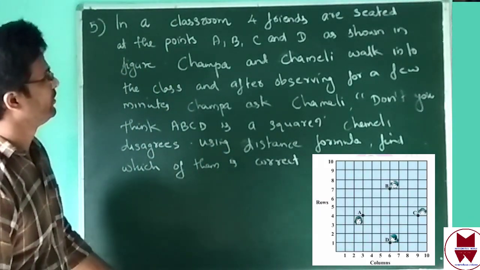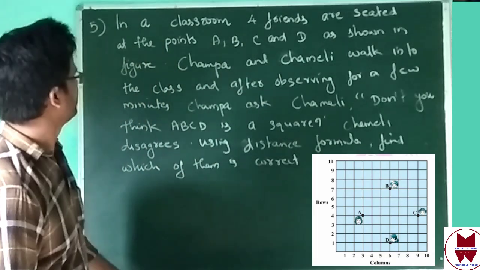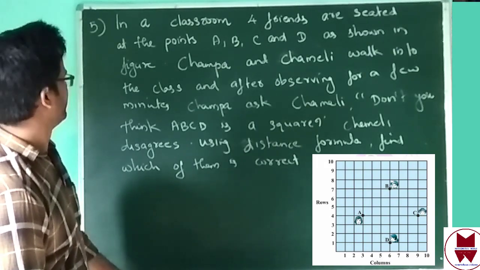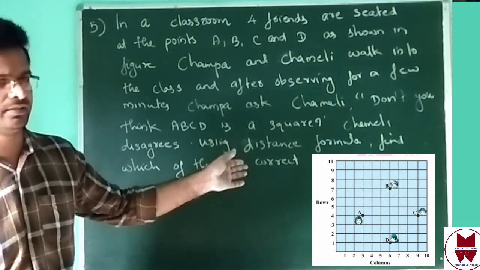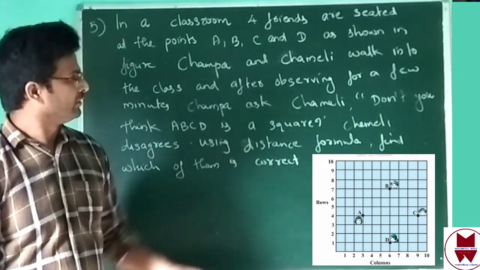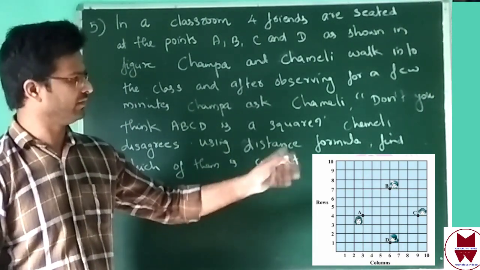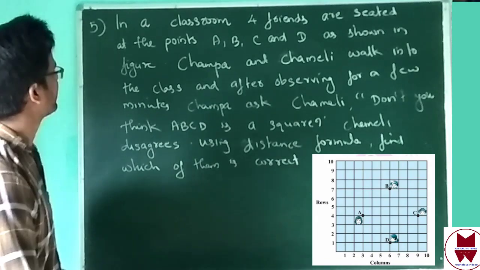In a classroom, 4 friends are seated at the points A, B, C and D as shown in the figure. You can see one figure here, the position of the 4 friends A, B, C, D like this figure.